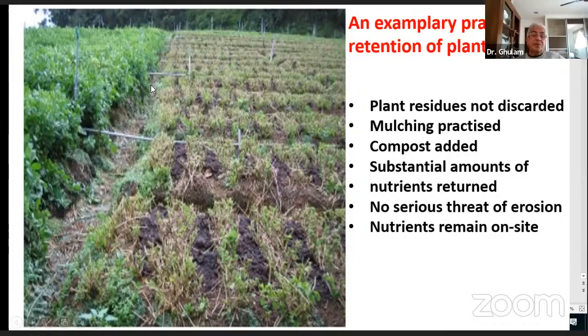These are very useful way of returning nutrients to the soil. So this is a good example of a farm which optimizes the resources, the nutrients and its resources, so that it is not lost from the system.